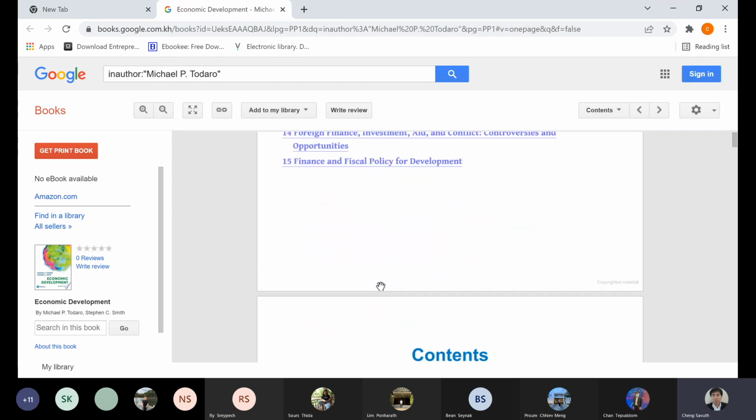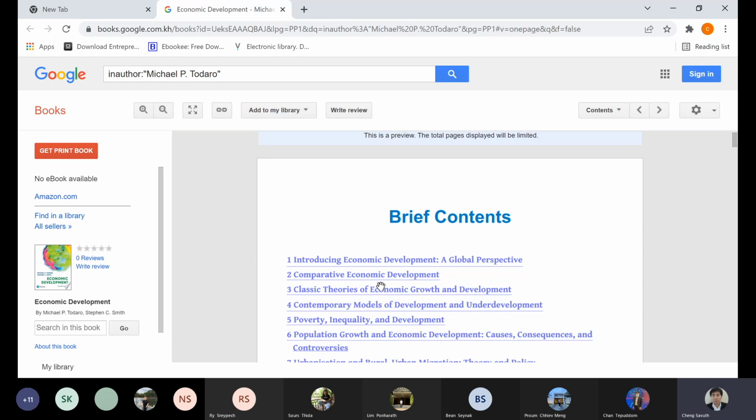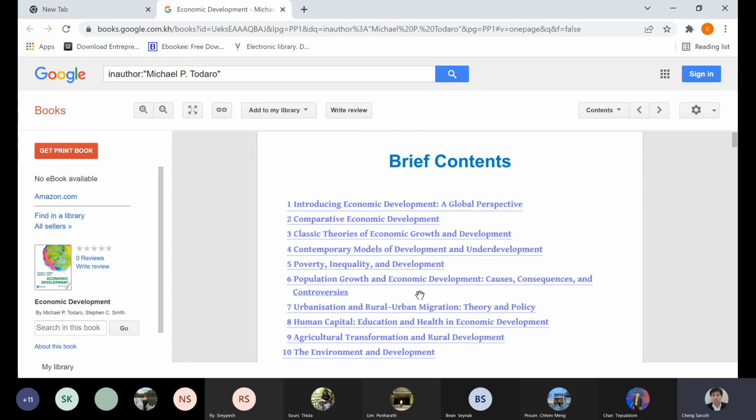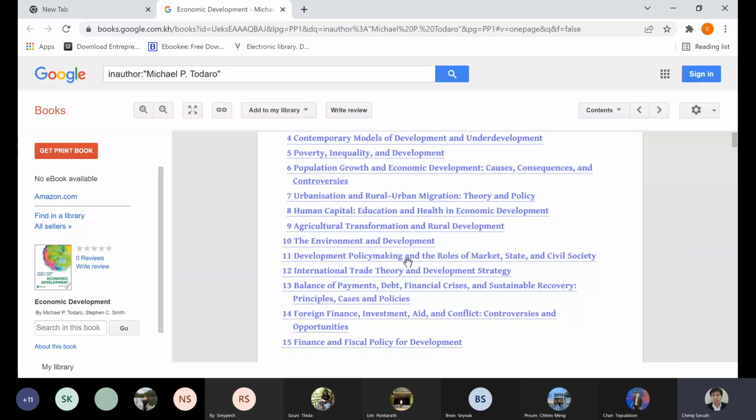So take time and read the book, explore it, experience it, and make the assessment by yourself of how good the book is. This is the main textbook we will use along the semester.